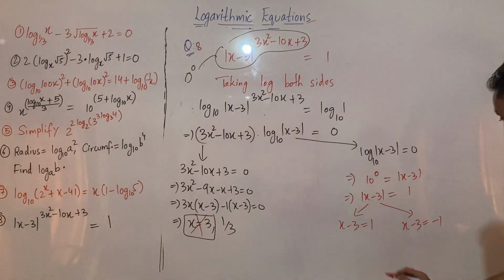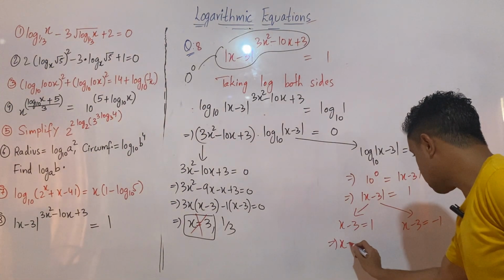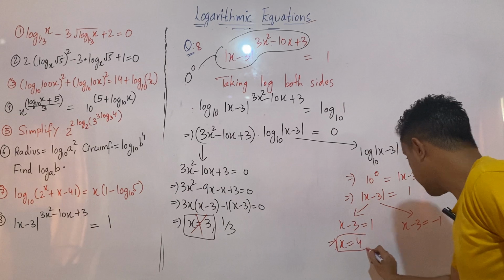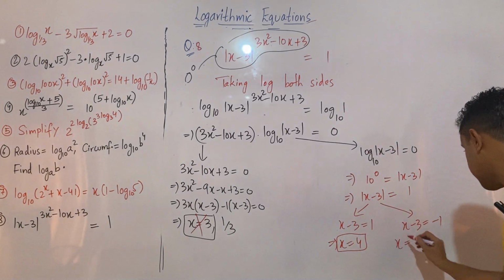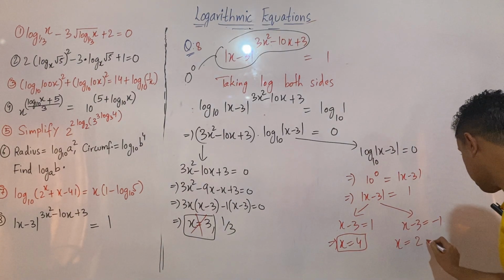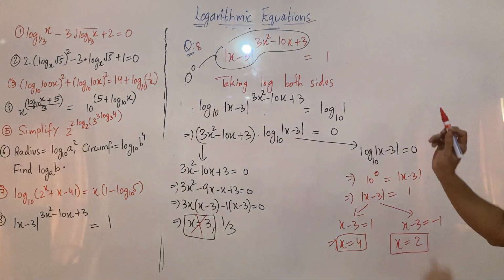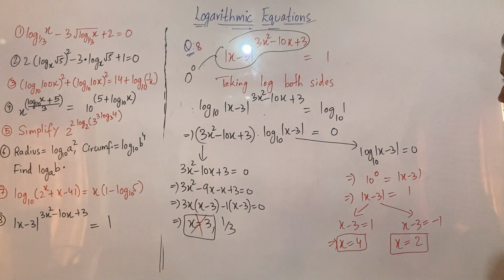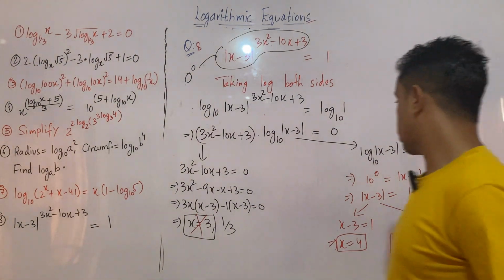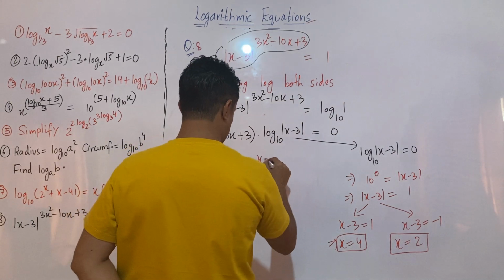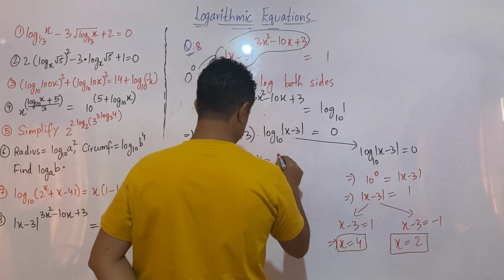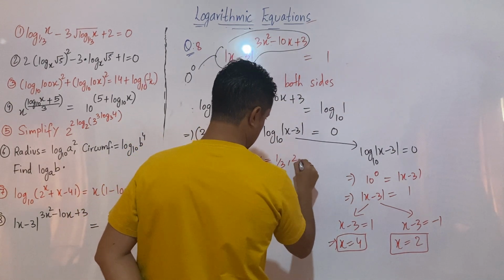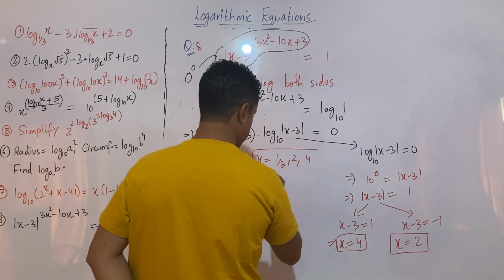So from here x is going to be 4, and from here x is going to be 2. So x is going to have the values 1 by 3, 2, and 4.